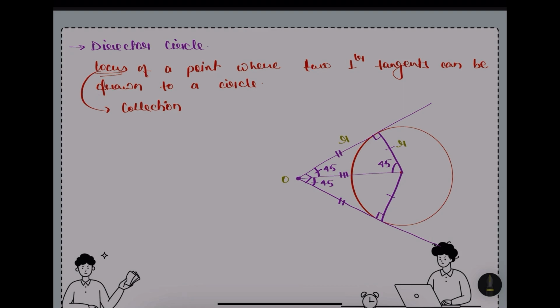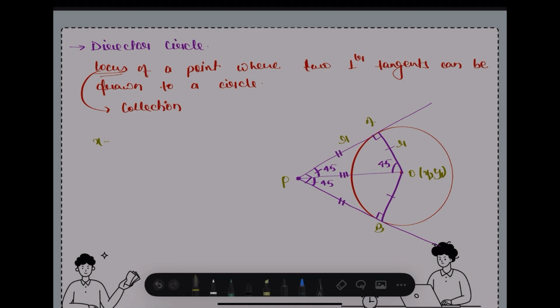Suppose this point is P and this point is O. For the center, suppose it is x1, y1. This would be a much better idea. So take the center as x1, y1. Can I write that the center would remain the same? Look at this, I'll tell you why.